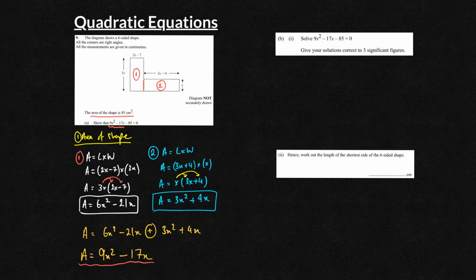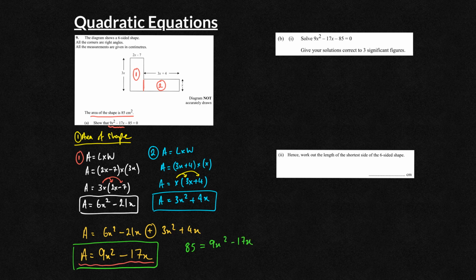Now we need to finish this off. So if I go here, it does say that the area of the shape is 85 centimeters squared. So what I've done here is essentially made a formula for the area of this shape. They're telling us that the area is 85. So if I substitute that in, I'm going to end up with 85 equals 9x squared minus 17x.